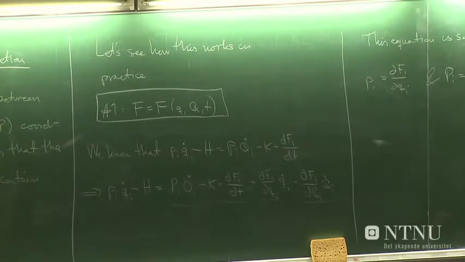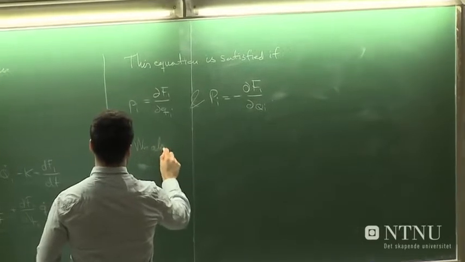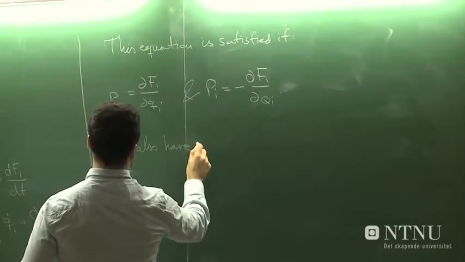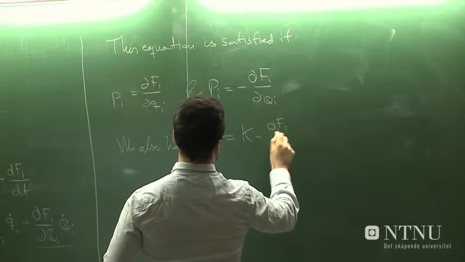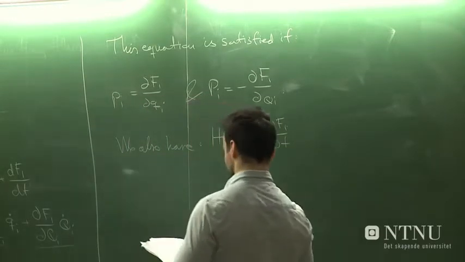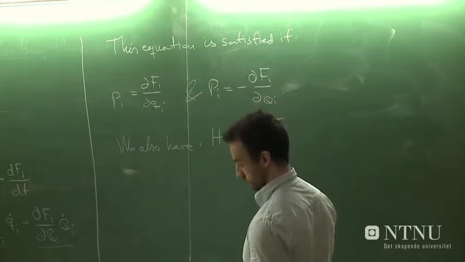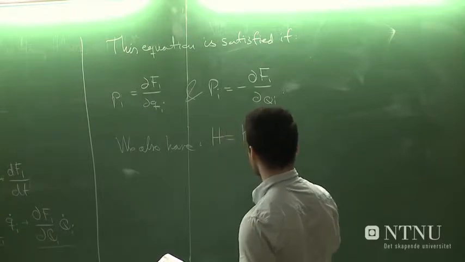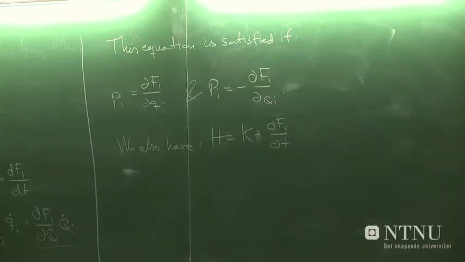So if f has an explicit time dependence, this has to be absorbed into the new Hamiltonian. Like this.